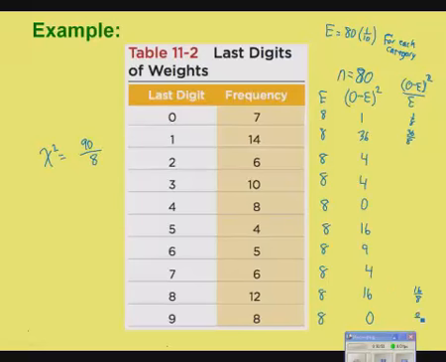So I guess I just lucked out that these are all over 8, because it's equally likely. Equally likely are easier to do. Okay, so there's my chi-squared value. Now, is that high or low? I don't know. We'll look at this in a second.